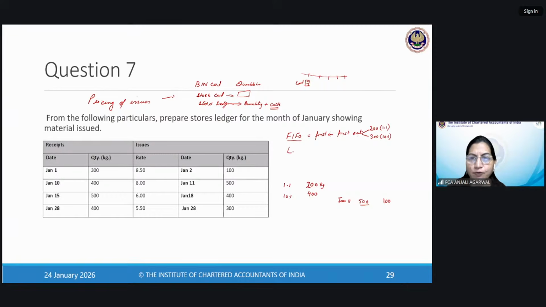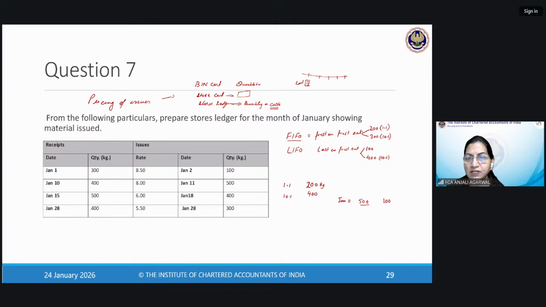Had it been LIFO, LIFO means last in, first out. Had this been the scenario, the 400 units of 10th January would have gone first, and then another 100 units from the other lot.